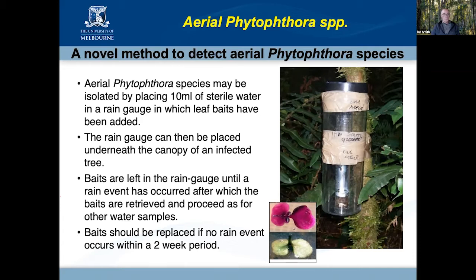We tried using rain gauges that we put out into the ash forest, and we isolated a Phytophthora called Phytophthora phalanx from the water dripping down out of the leaves of the trees. The trees were 60 meters high, and you're collecting these samples down the bottom. So it's a useful technique to see whether we've got any of these new Phytophthora present.